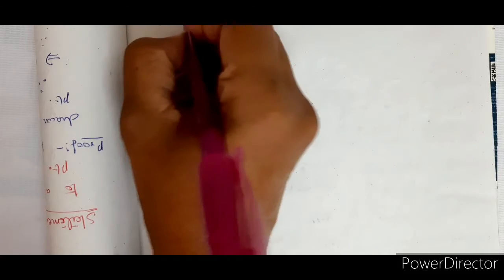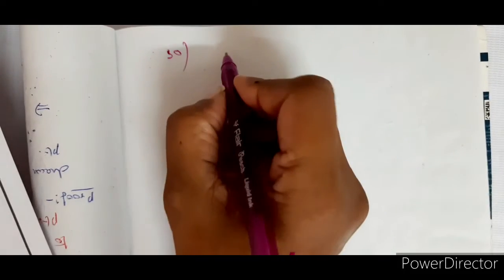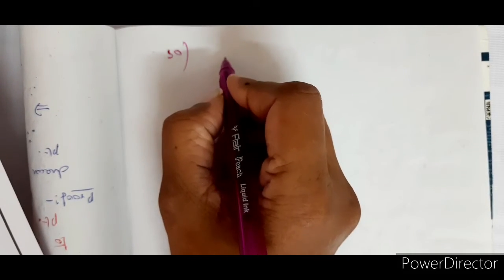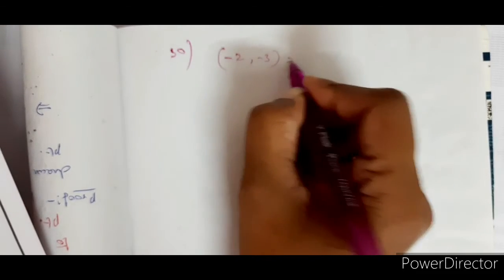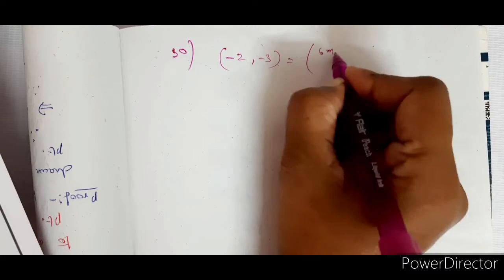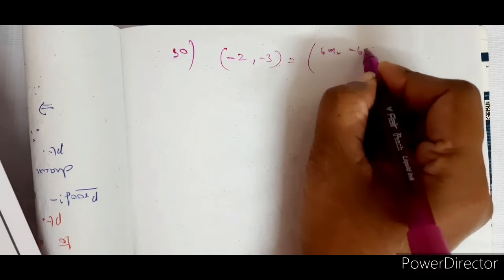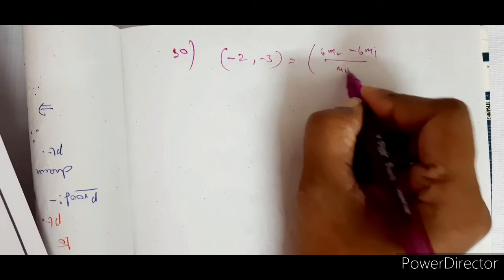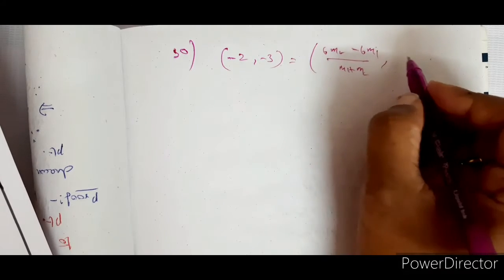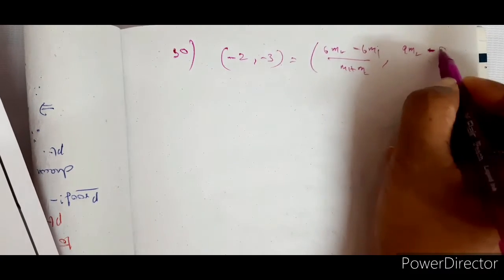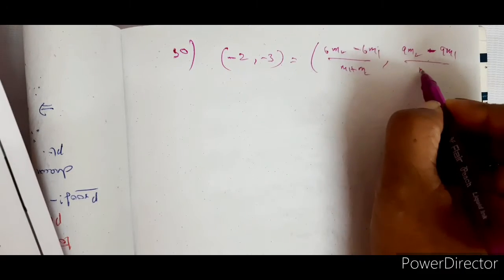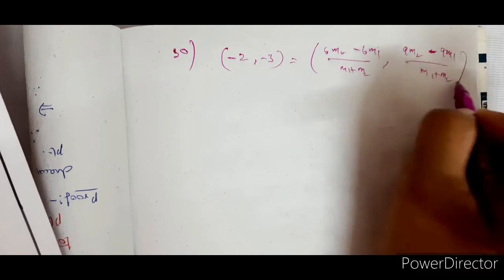So the 30th problem. Now you have minus 2 comma minus 3 is equal to 6m2 minus 6m1 by m1 plus m2, comma, 9m2 minus 9m1 divided by m1 plus m2, by substituting in the formula.